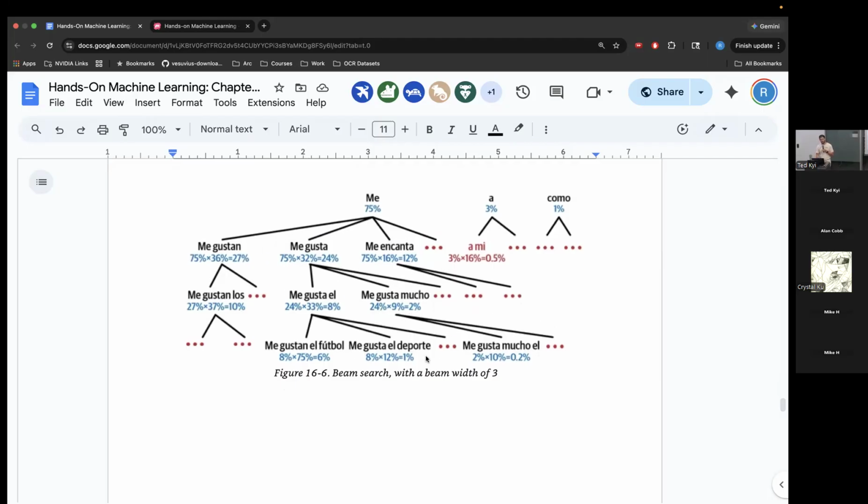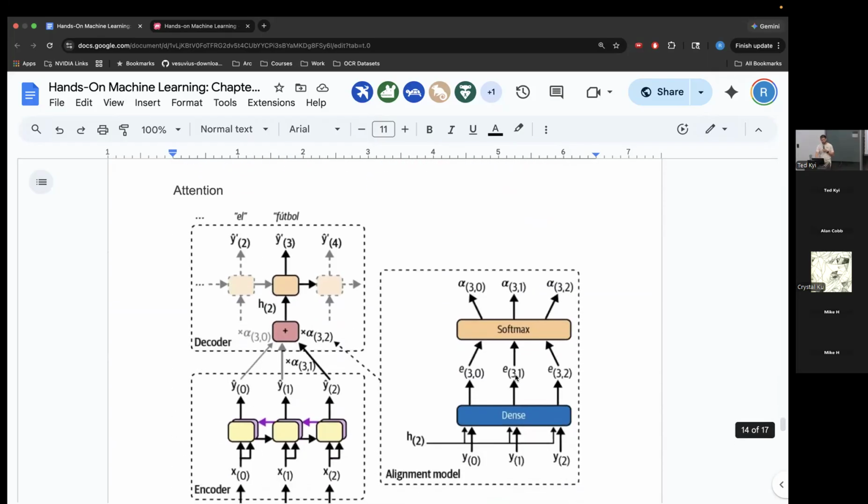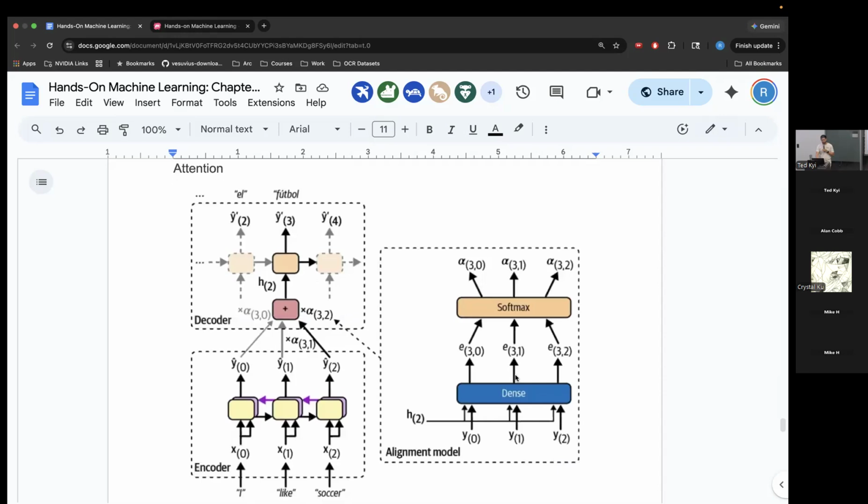Because sometimes it outputs very confidently on one word, but then if you look ahead, it drove itself into a dead end in some way. So that's one of the nice things about beam search: it's looking forward and saying what's the path to a reasonable outcome.